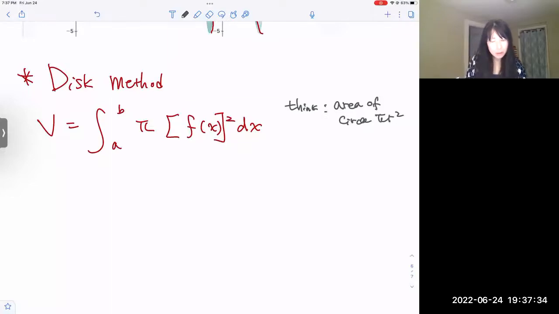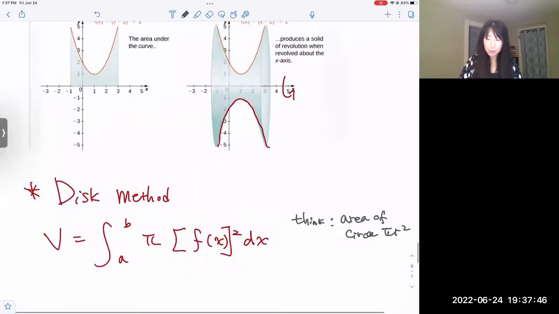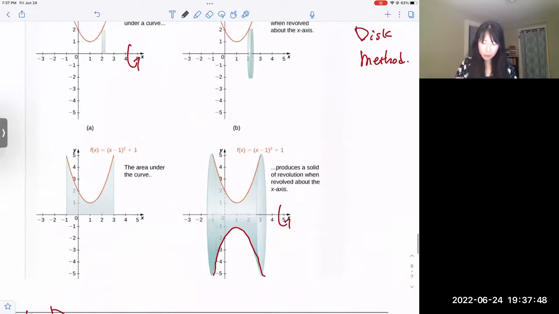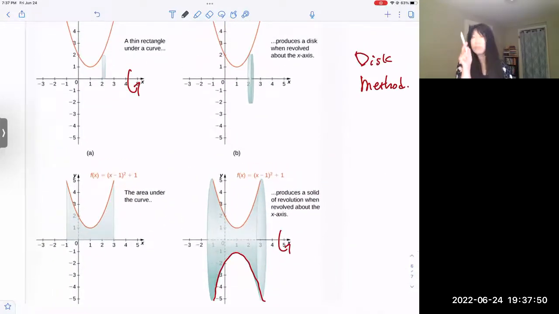Okay, let us do just the problem. So in the picture, we have, can you see that? The graph has x minus, sorry, yeah, that's correct. x minus 1 quantity squared plus 1, right?